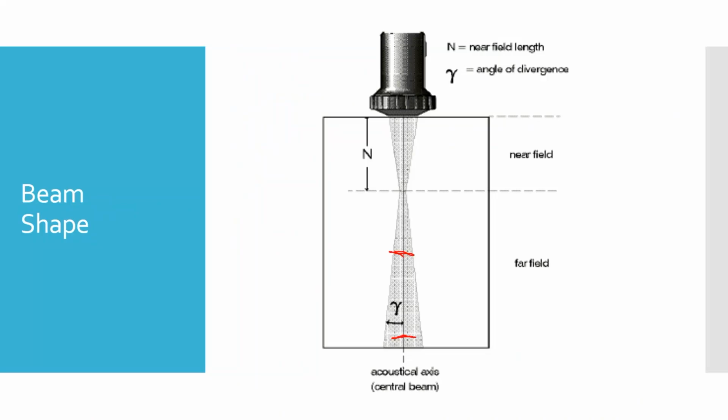Even though those flaws are about the same size, the top one's going to be reflecting all that energy. That's one reason it's going to probably appear stronger. What's the other reason? It's closer, we're traveling through less material, so there's going to be less acoustic impedance and attenuation of the signal going on. So you just got to keep that in mind.